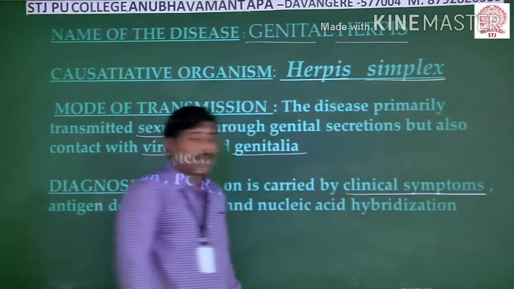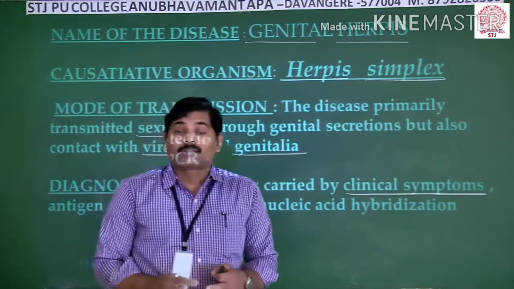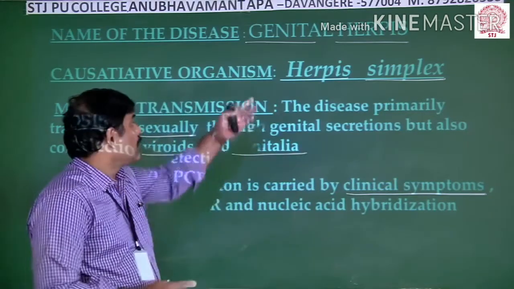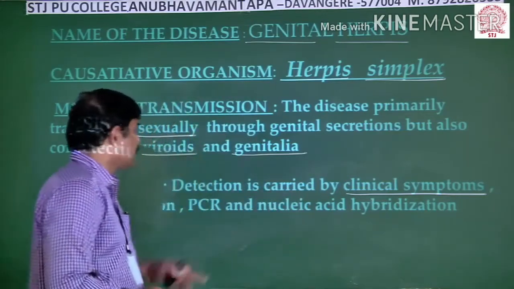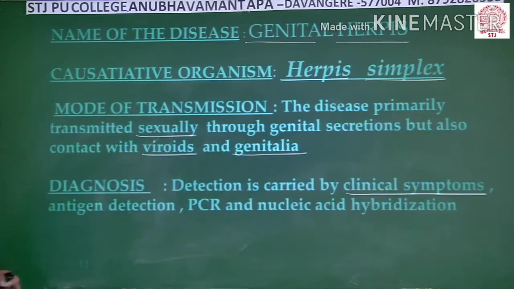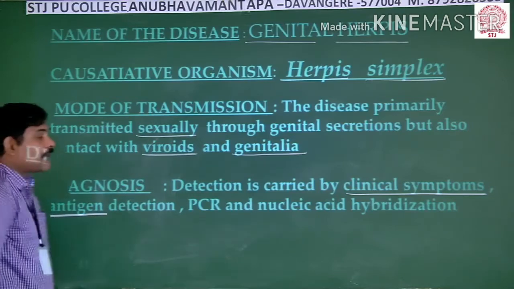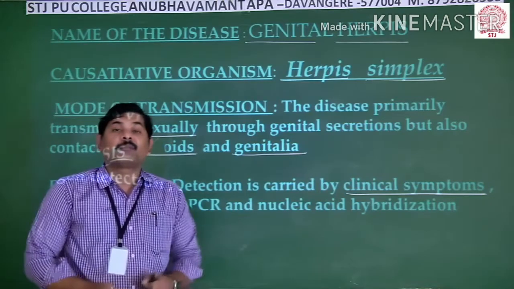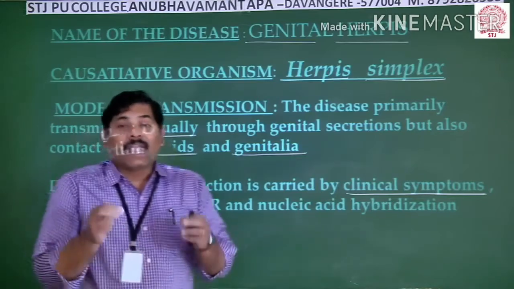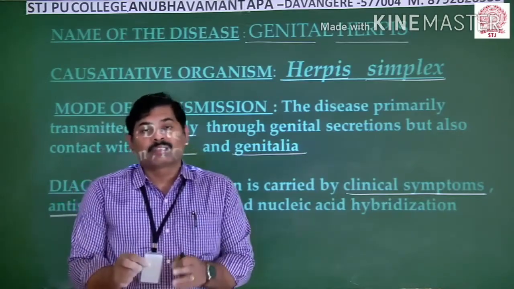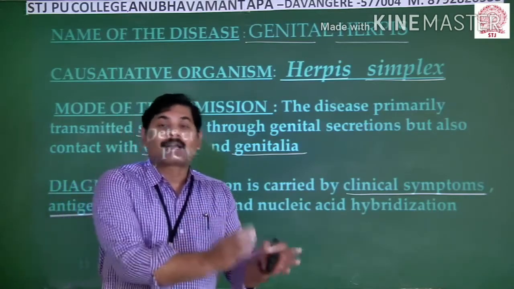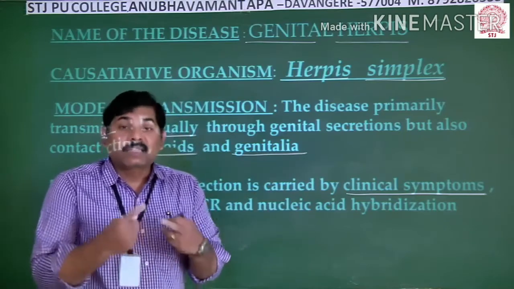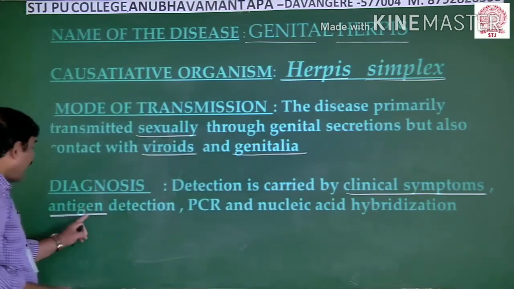Now I am going to explain the symptoms suffered by the victim whenever he gets genital herpes. The clinical symptoms help us. Thereafter, antigen detection. What are these antigens and antibodies? These are nothing but proteins. Any kind of pathogen produces a kind of protein. These proteins are highly specific to a concerned type of pathogen, and such proteins are known as antigens.